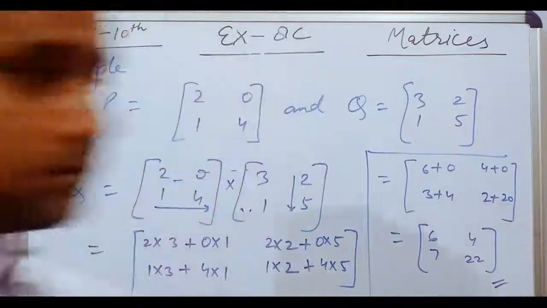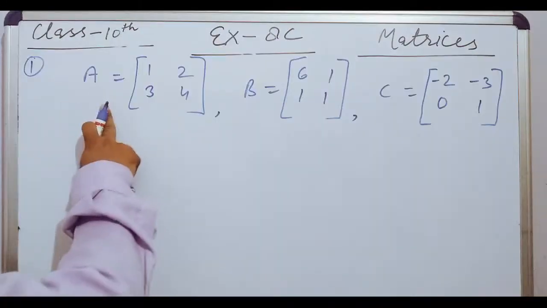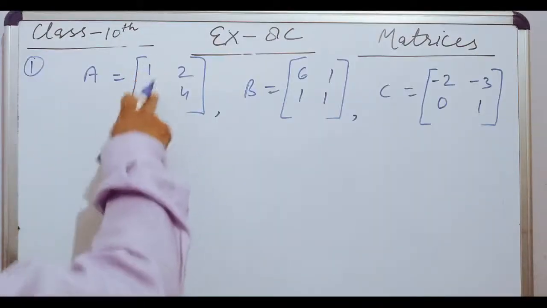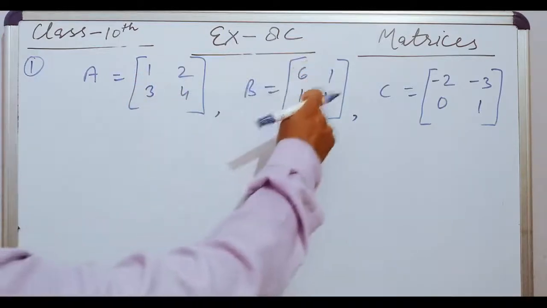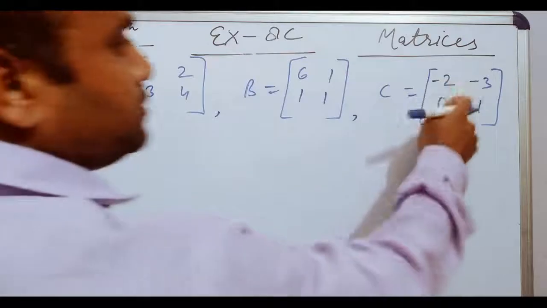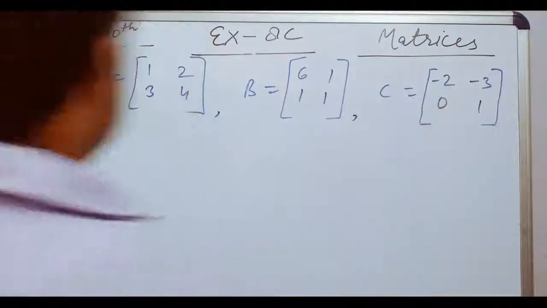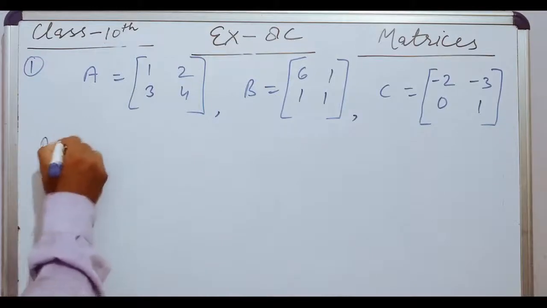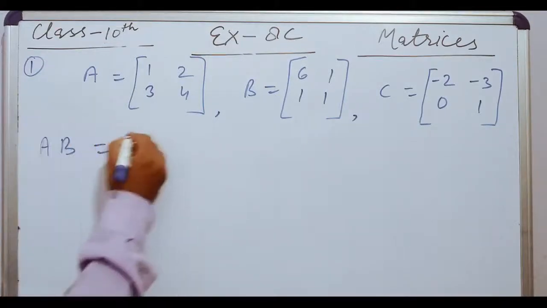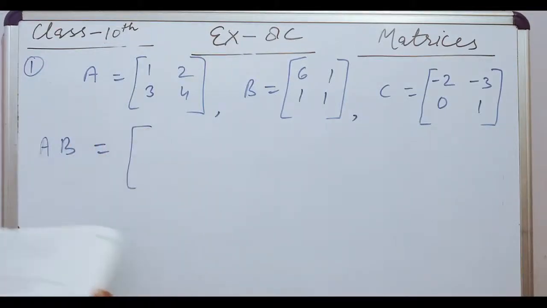This is the answer. A equal to matrix [1 2; 3 4], B equal to [6 1; 1 1] and C equal to [-2 0; -3 1]. So we have to find here AB. AB means A into B. We have to find AB, BA, AC, CA, BC, CB.